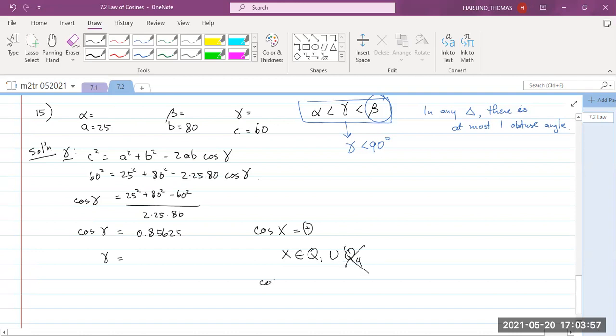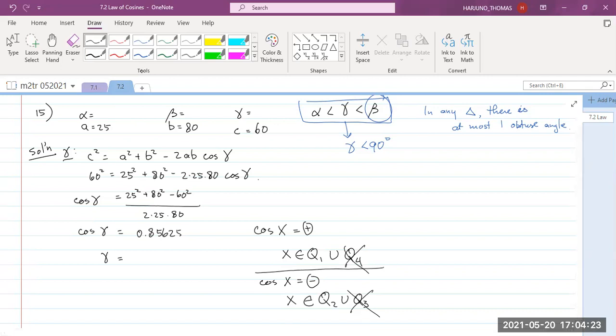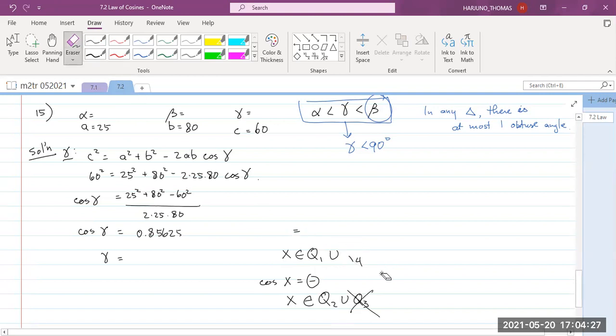If cosine x is negative and greater than -1, then x must be in either quadrant 2 or quadrant 3, but because x is an angle of a triangle, the angle will not be in quadrant 3. So the nice thing about law of cosines is when you use it to find the angles, there is no way you get an ambiguous case. You will have a unique angle, if any.